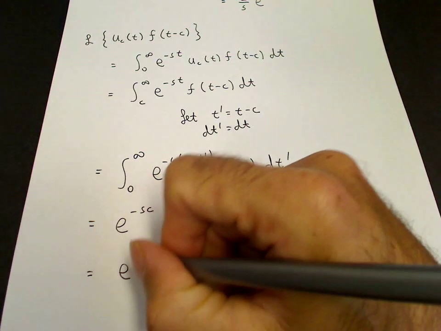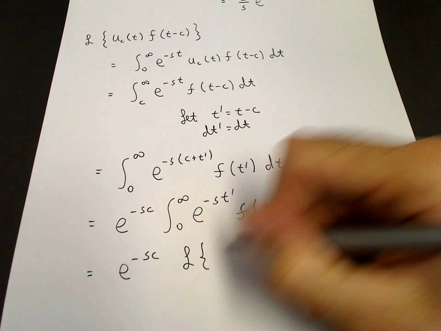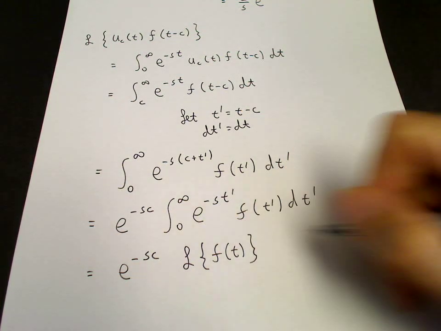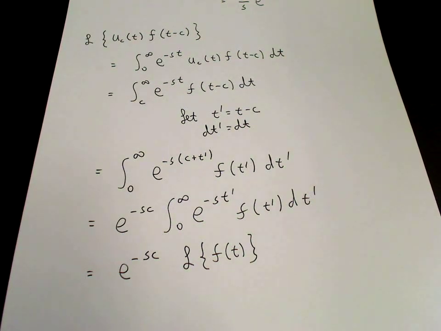So this is e to the minus sc times the Laplace transform of f of t. Okay? And those are two Laplace transforms that have use when solving inhomogeneous terms that are discontinuous.